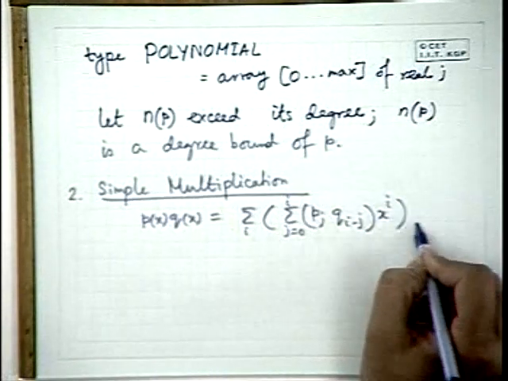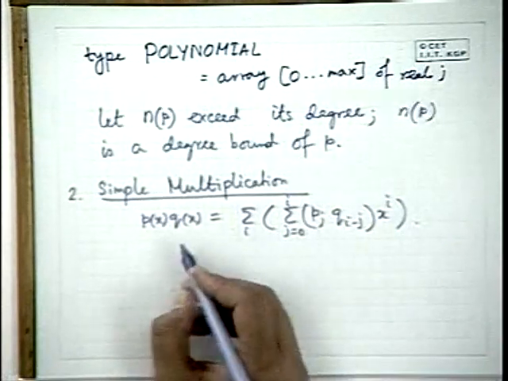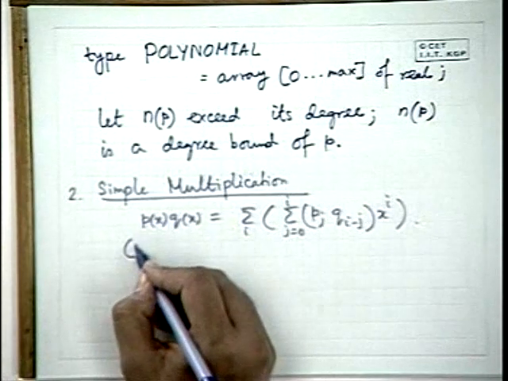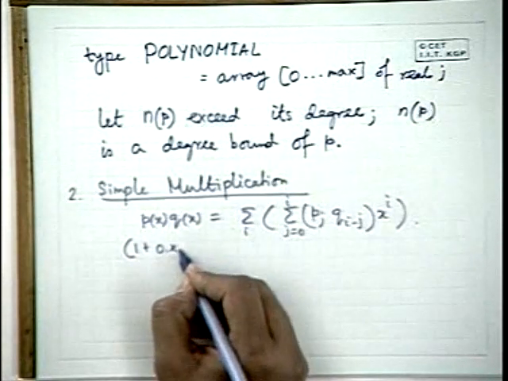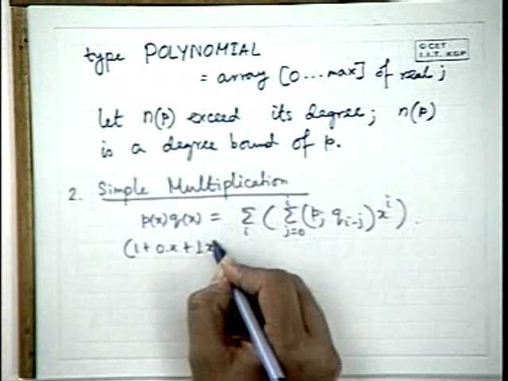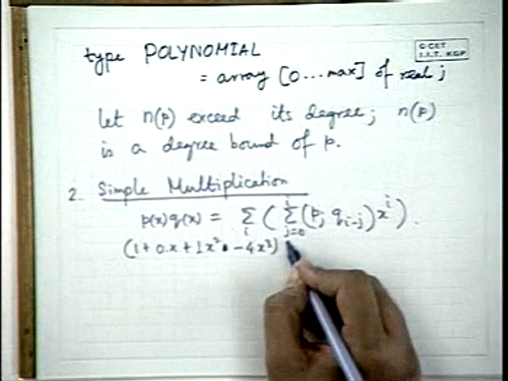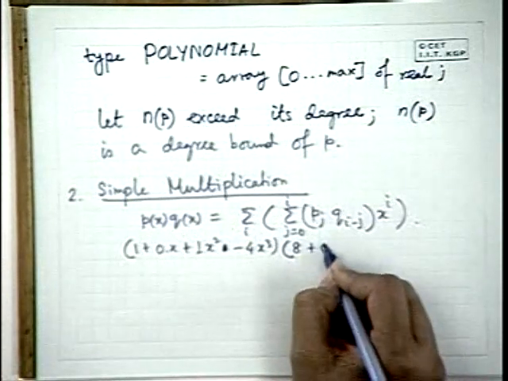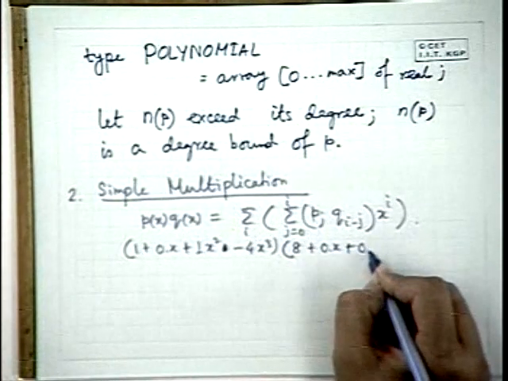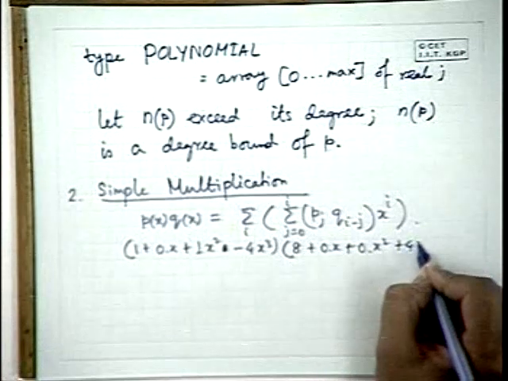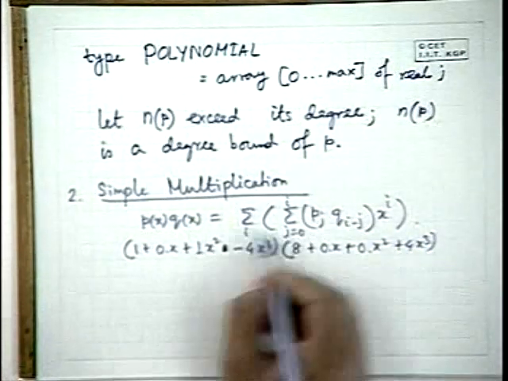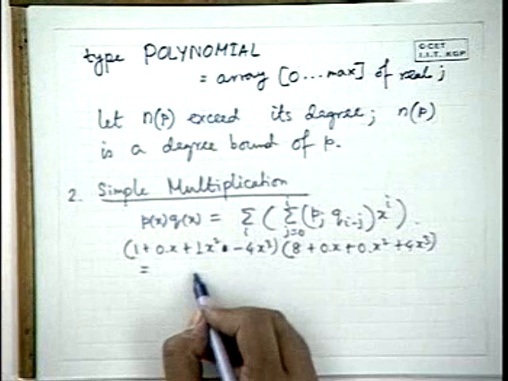So take this example: 0 plus 1x squared minus 4x cubed, multiplied with 8 plus 0 times x plus 0 times x squared plus 4x cubed. According to this formula, what will be the coefficients?